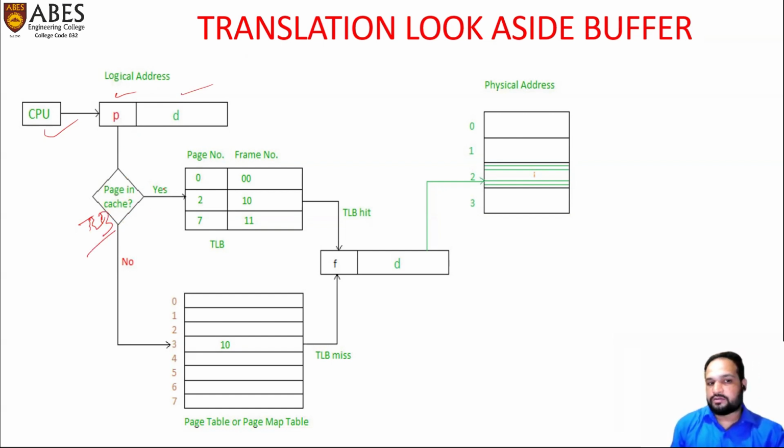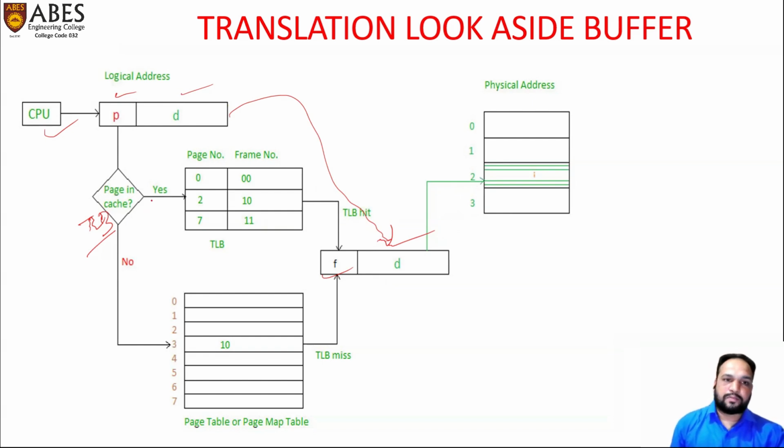If that page is available inside the cache, then that page number will be referenced with a frame number, and this is called a TLB hit and will give the particular frame we are looking for. Along with the offset, which we fetch from here, it will map to the physical address, showing that at this particular location our frame is residing.